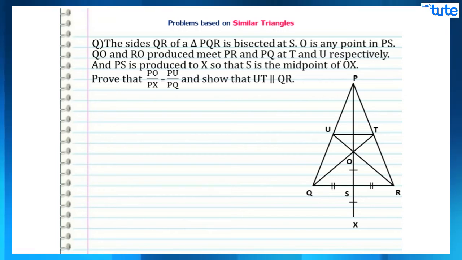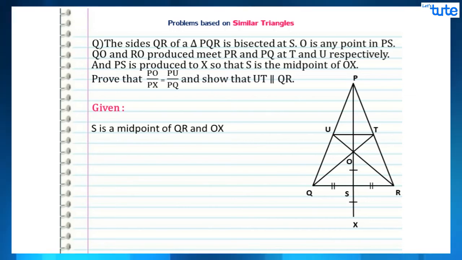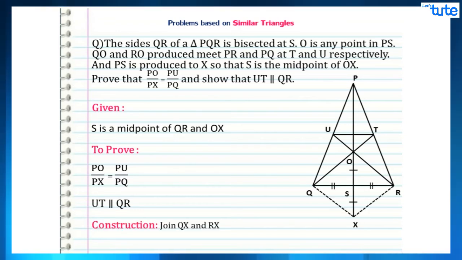So here we are given that S is the midpoint of QR and OX, and we have to prove 1. PO upon PX equals to PU upon PQ, and 2. UT is parallel to QR. So before we go to finding a way to prove this, we'll first join QX and RX.